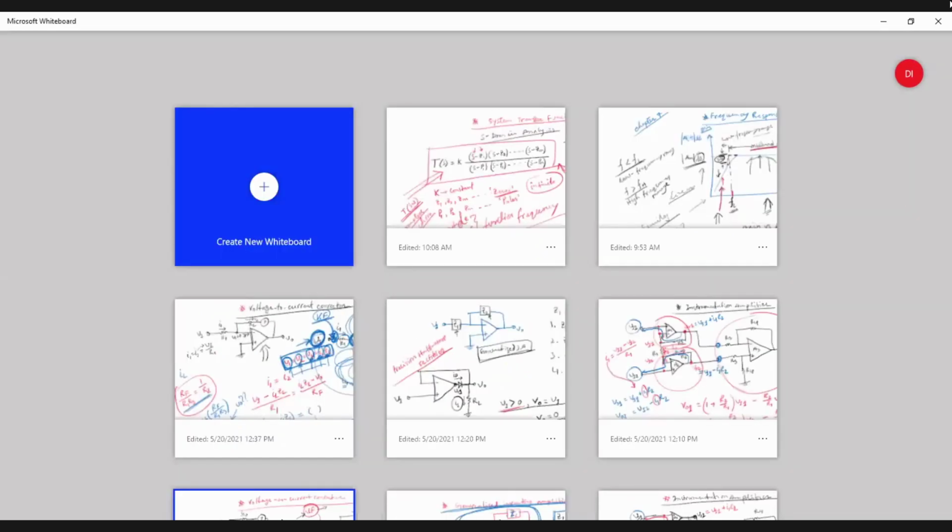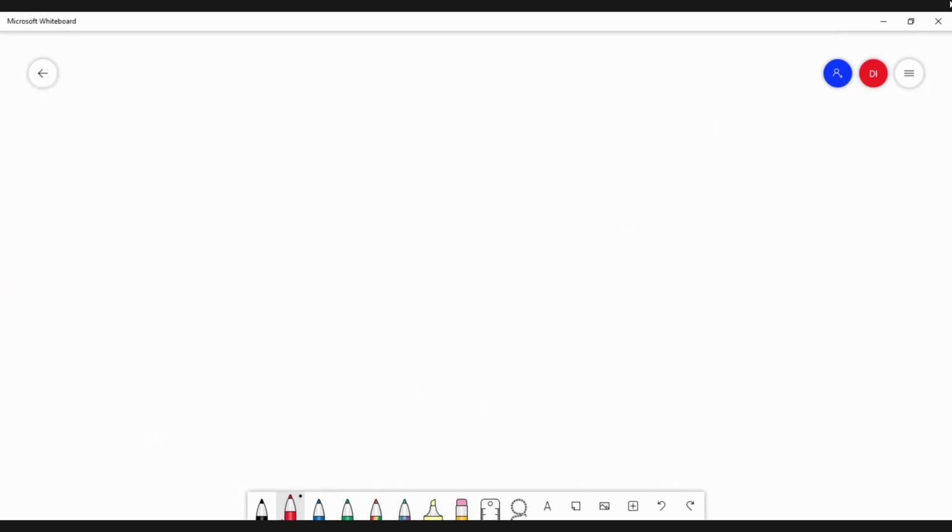Okay, so in order to see how we can analyze the frequency response, let us consider two simple circuits: one is a simple series circuit, another one a simple parallel circuit.